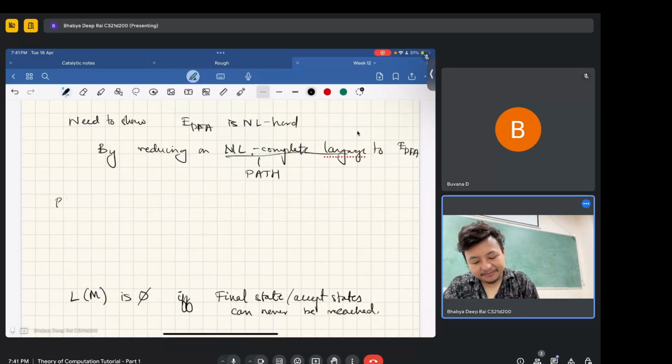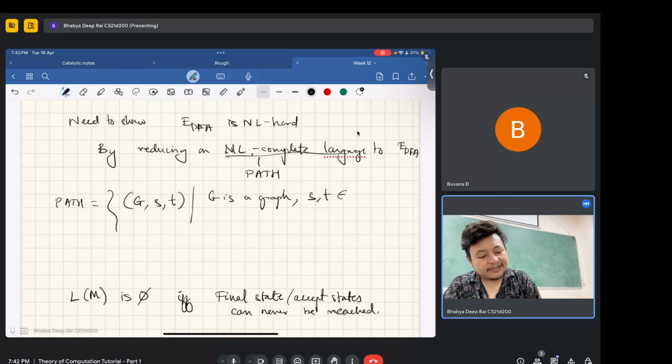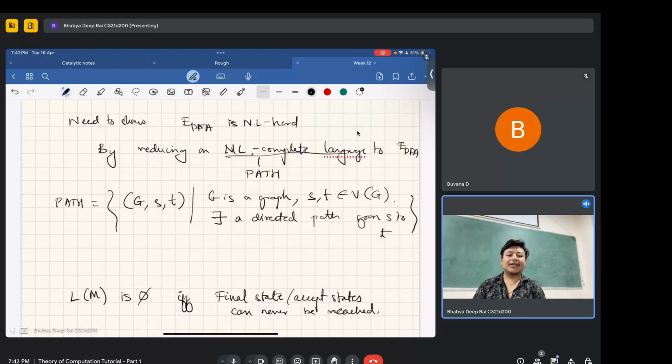Path is very simple. It is given a graph G, S and T. G is the graph, S, T are vertices in the graph, such that there exists a directed path from S to T. This is also called reachability. Can you reach the vertex T, the target, from the source?